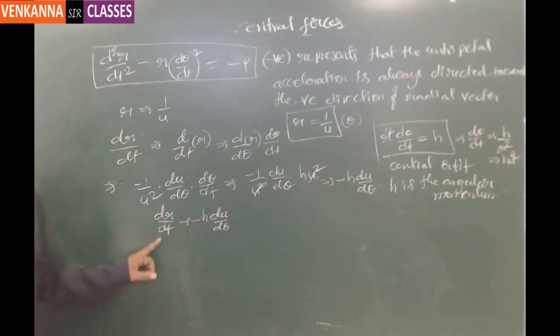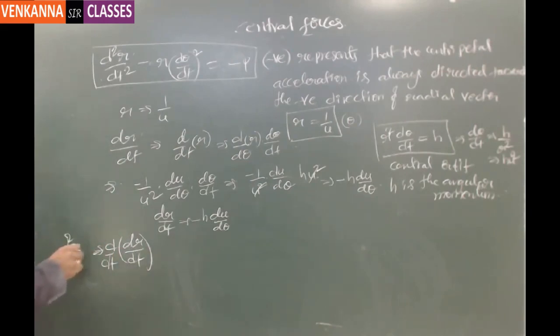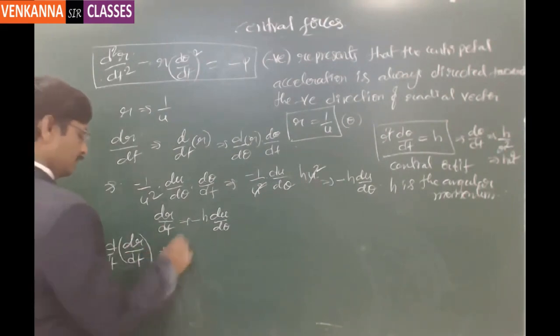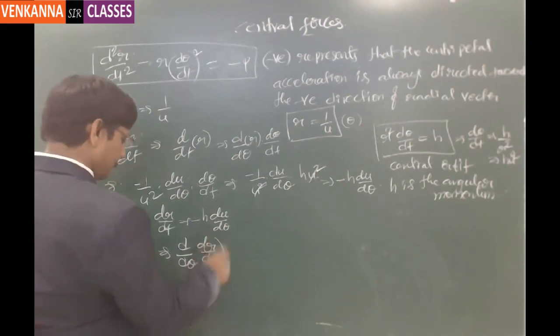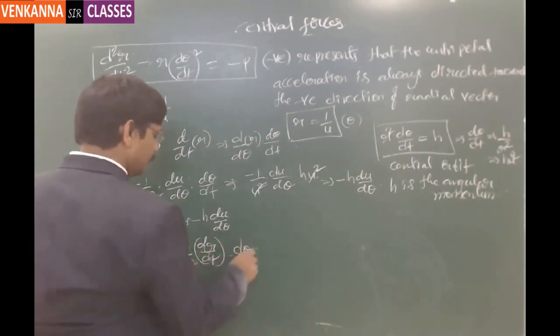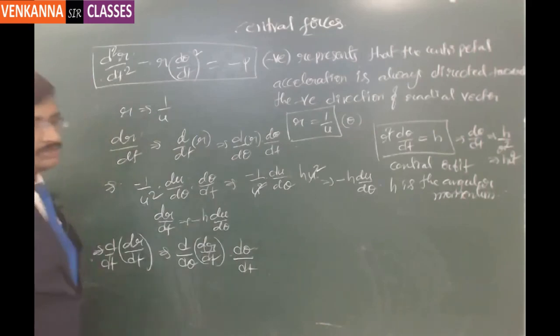Now from this relation, if you take the derivative again, this is d square r by dt square. So d square r by dt square is d by dt of dr by dt, and this can be further expressed as d by d theta of dr by dt into d theta by dt. The same procedure I have adopted as a chain rule here as well.